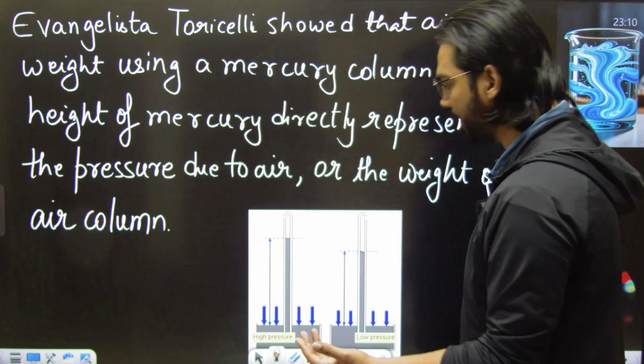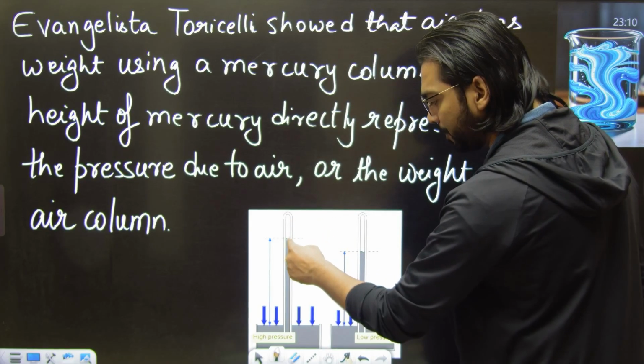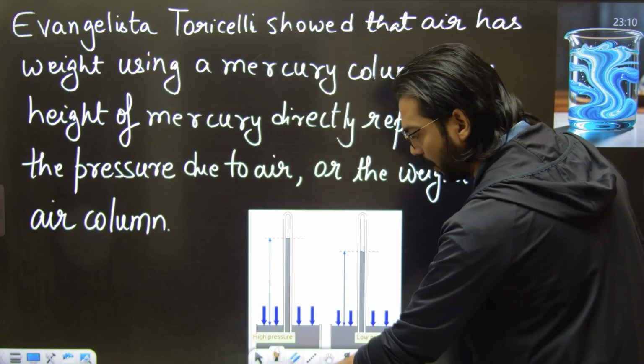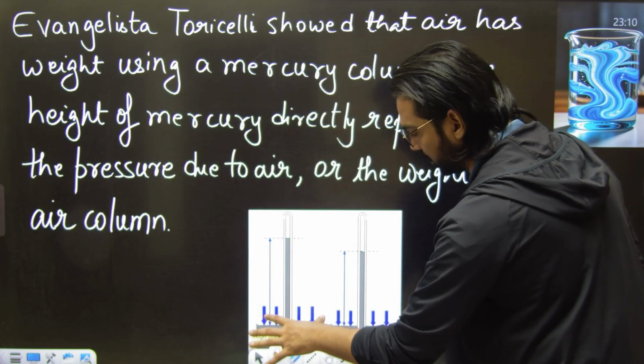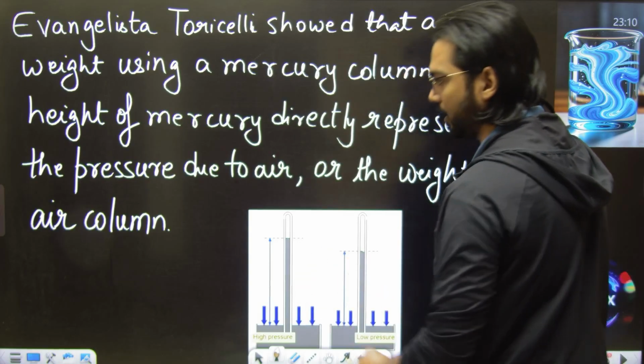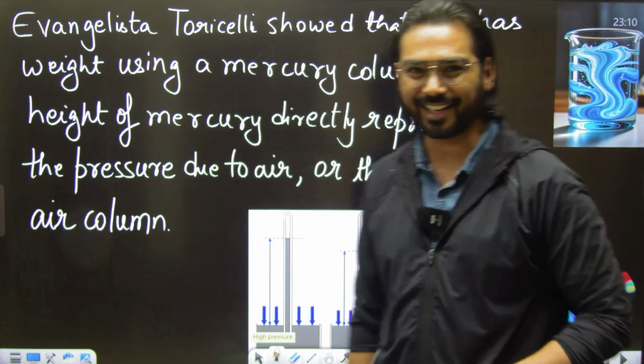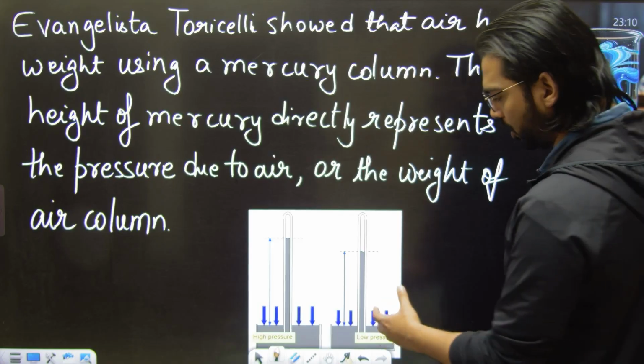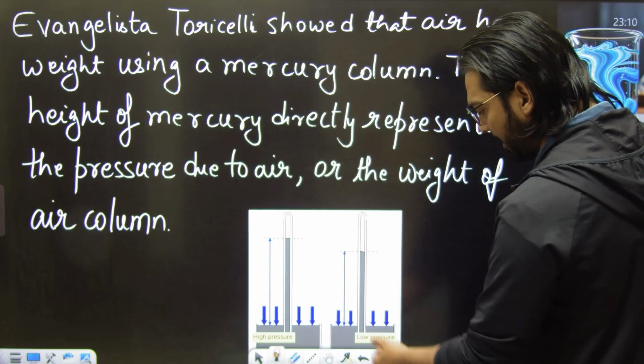Here we have vacuum. The mercury wants to flow out, but it can't because it is being stopped by the molecules that are present over here. Interesting, right?